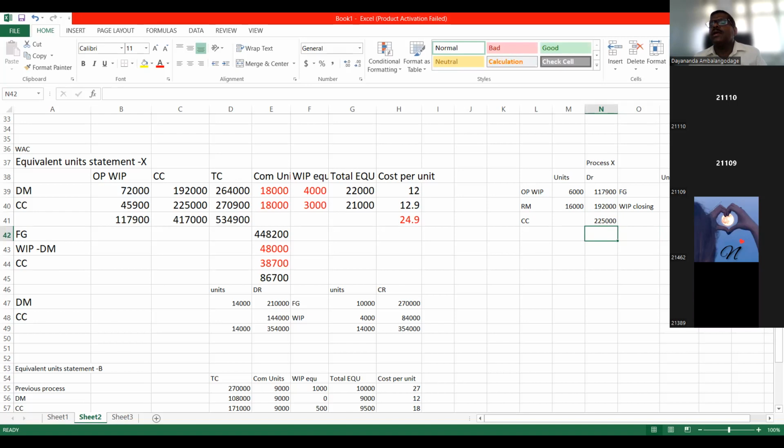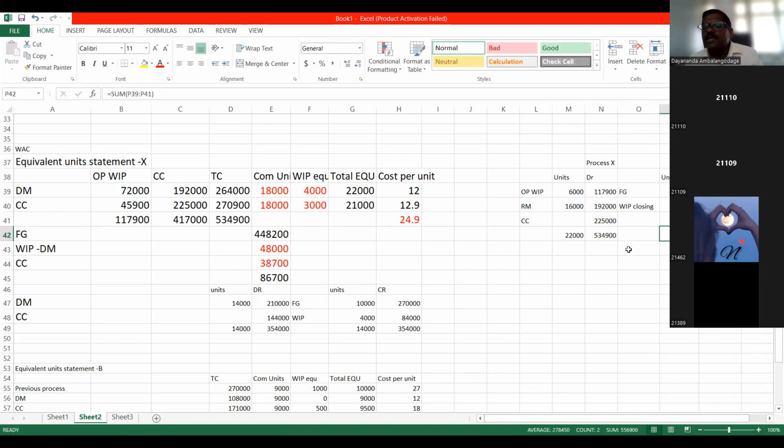So you can get the total here, no problem. Same total you have to get otherwise.